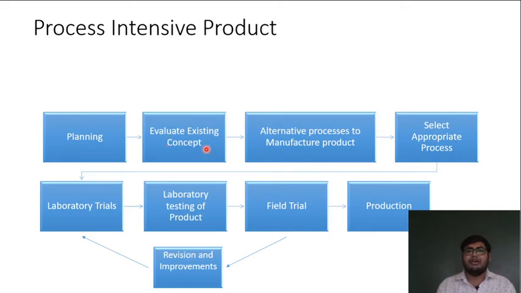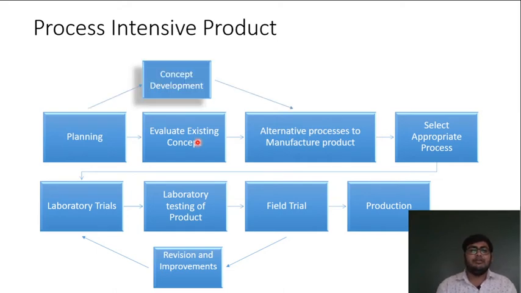So what is the current concept and why will this be an existing concept? Because we see that this is a new to organization product. If this is a fundamentally new product, then we have to develop the concept. But if it is an existing concept in the market and new to our organization, then we can take this concept.